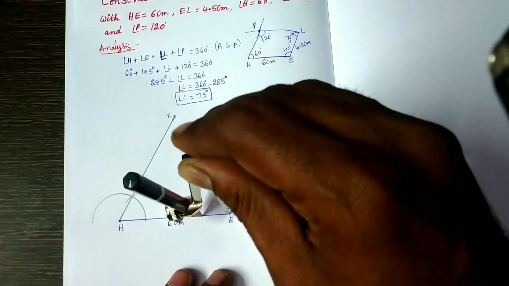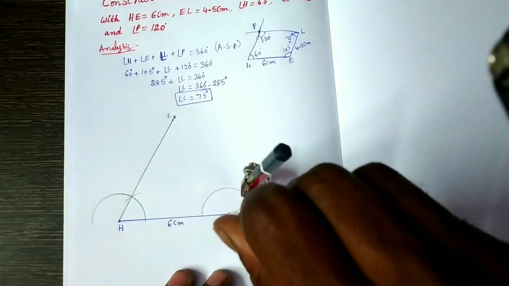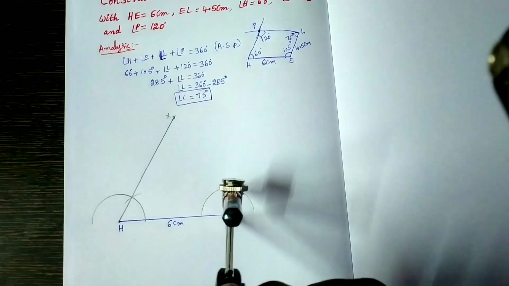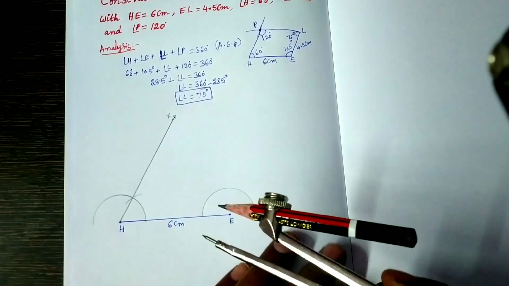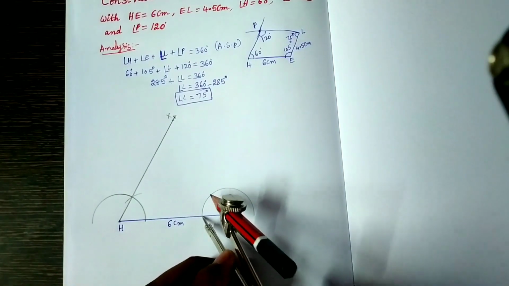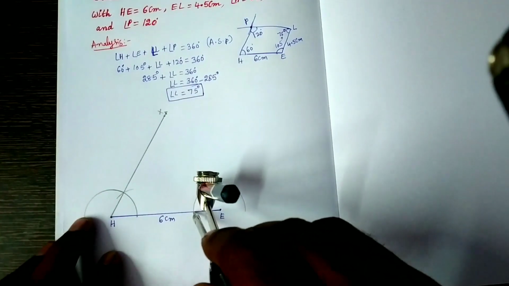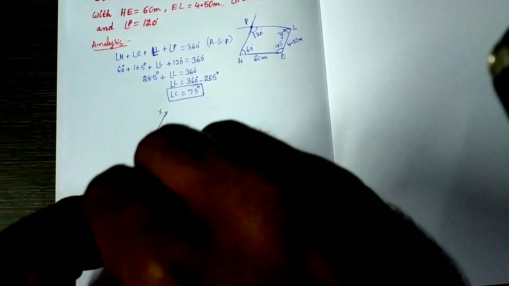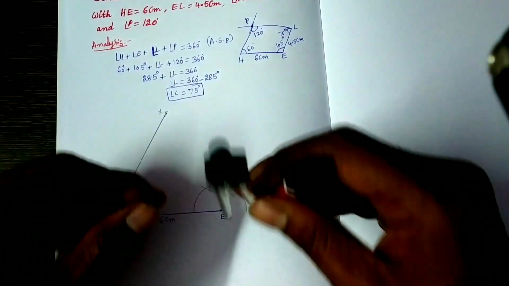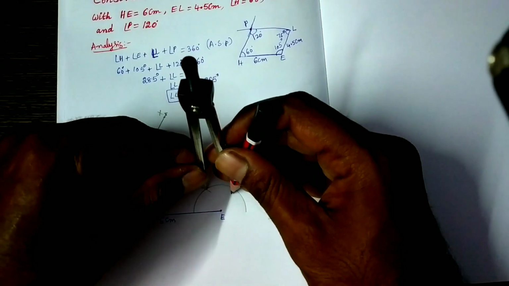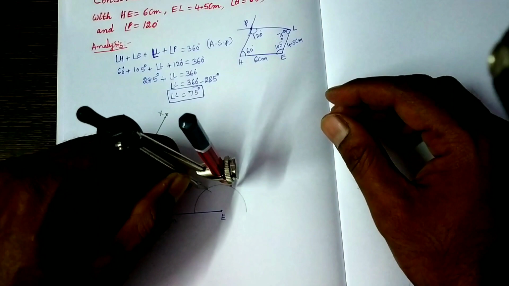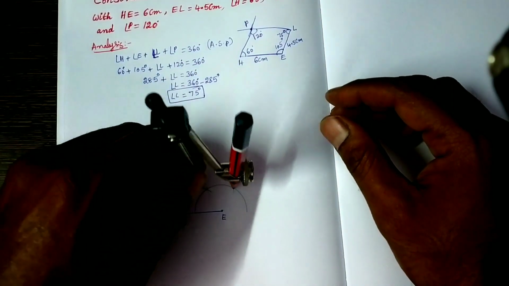Draw an arc at E with E as center. With this radius draw an arc, and from the intersecting point of side HE and this arc, again draw an arc. It indicates 60 degrees. From 60 degrees draw another arc.